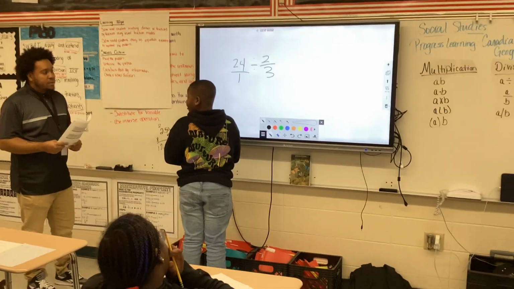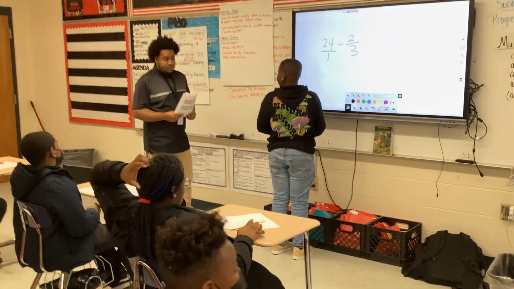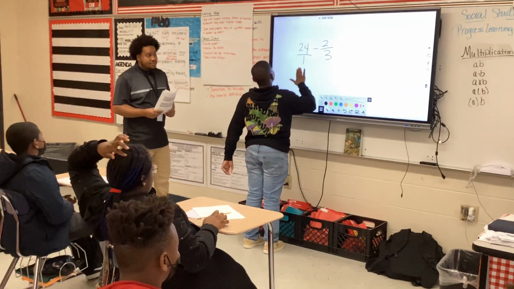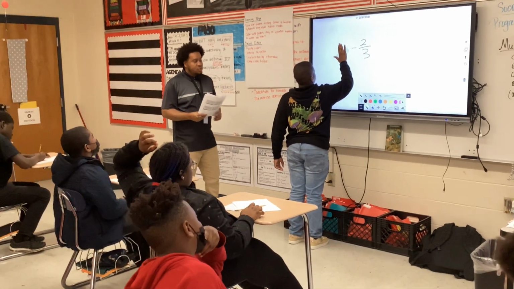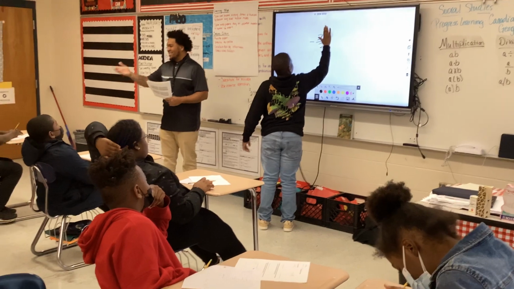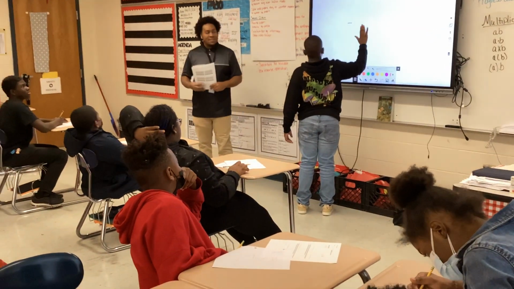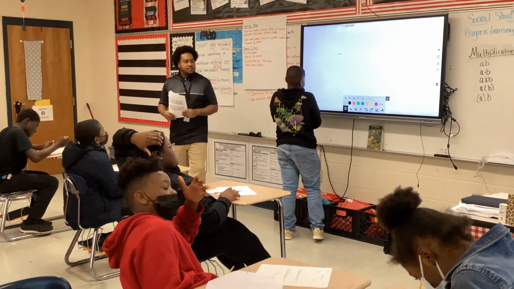How many days are there in a week? She eats 24 over 7 days. I just gave him the answer, didn't I? It's 7. 24 over 7.